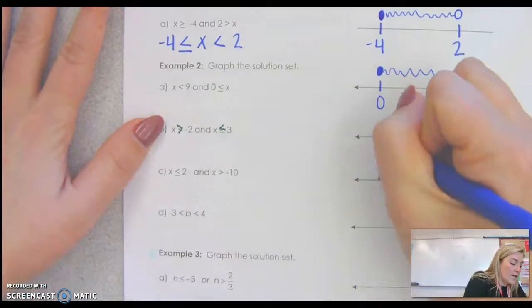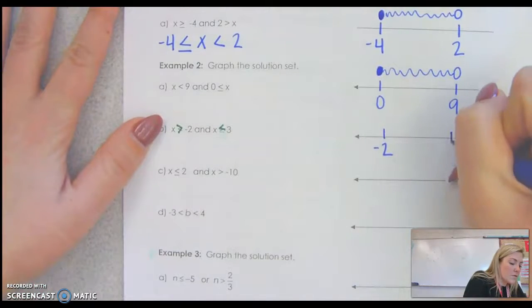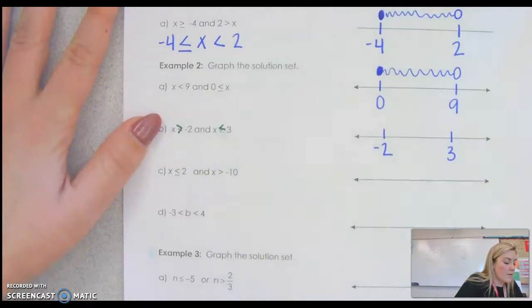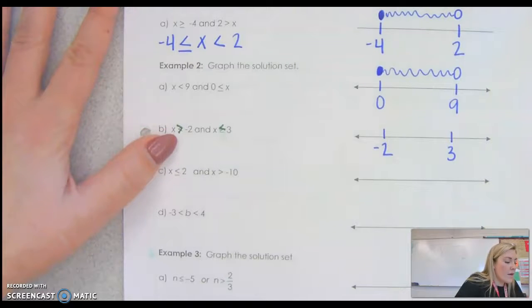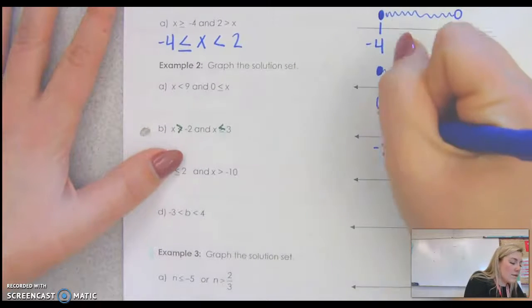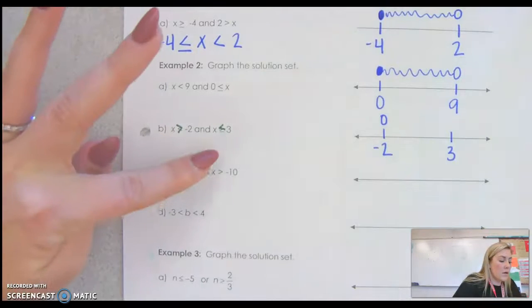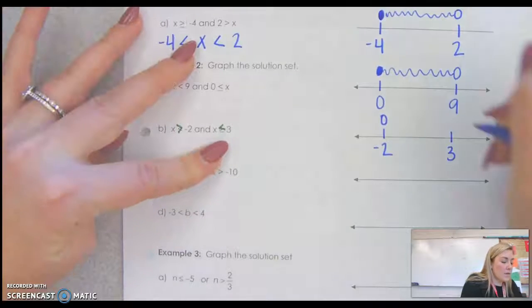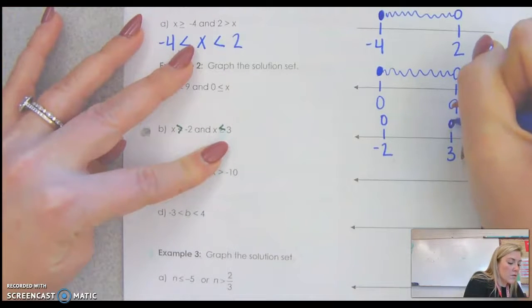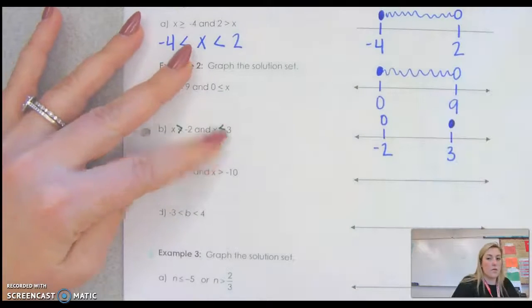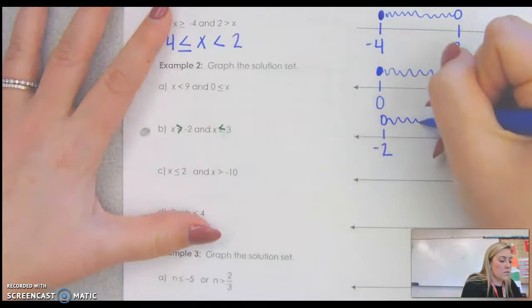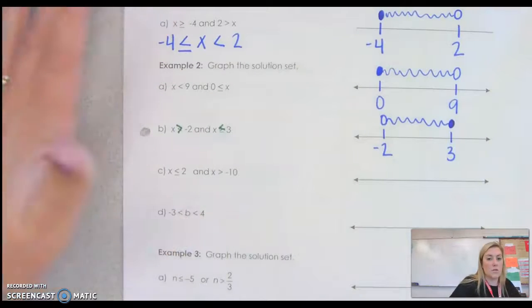For B, -2 goes on the left, 3 goes on the right. X is greater than -2, so we have an open circle at -2. X is less than or equal to 3, so closed circle at 3. It's an and, so you shade in the middle.